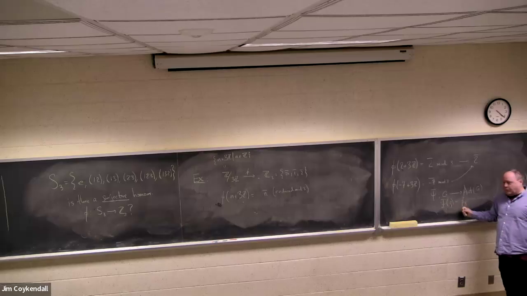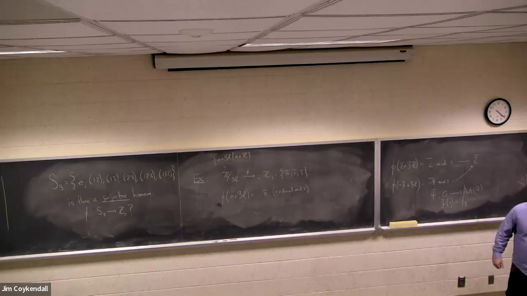Input g, output this. There's no ambiguity there, right? Because I'm picking just a particular element. I'm telling every single distinct element in G where to go. You go to f of g. Your g and my g might go to the same thing. It doesn't matter. Where it goes, there's no ambiguity, right?